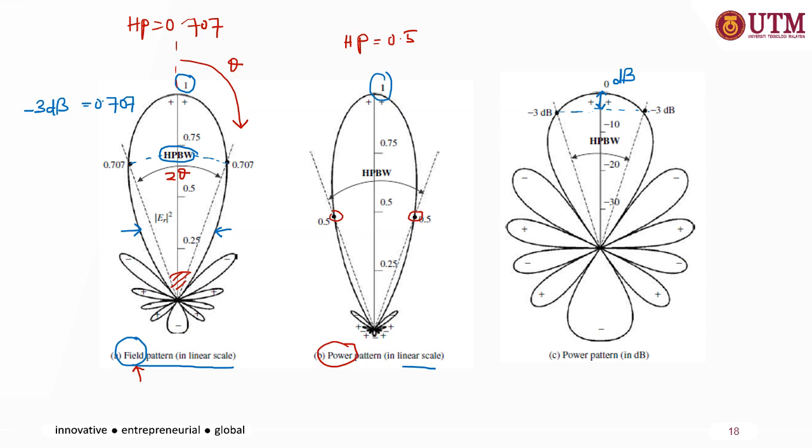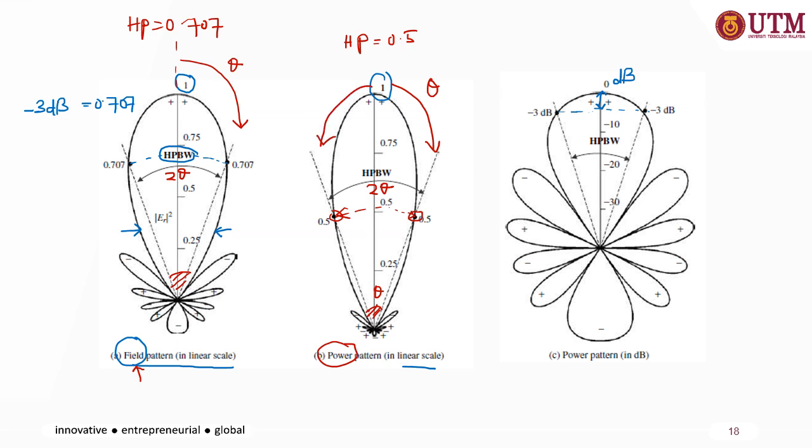So theta is in between here, measured on the right hand side, meaning that HPBW equals 2 theta, considering both sides.